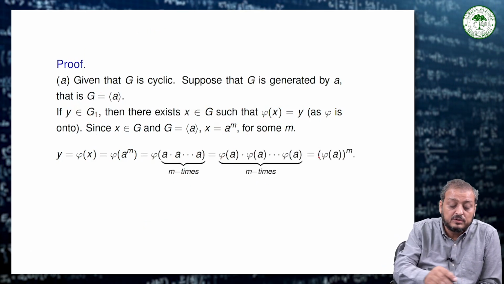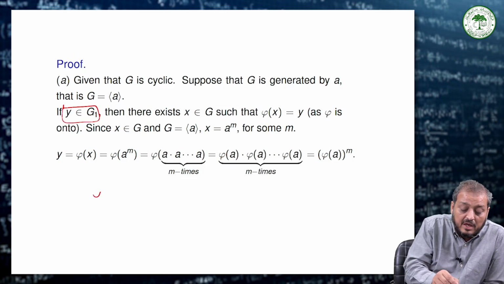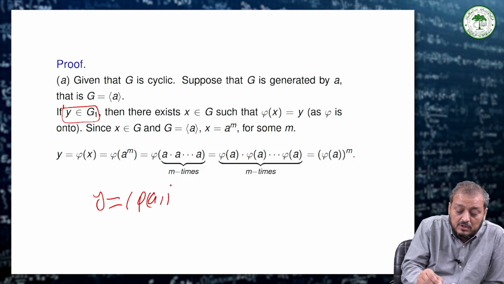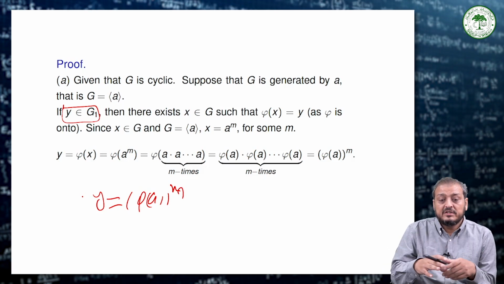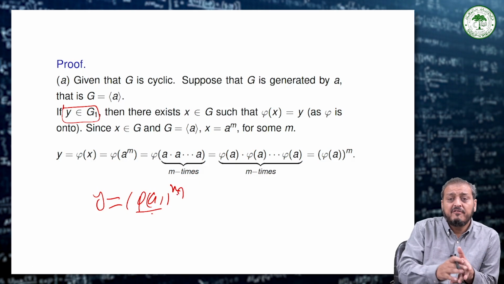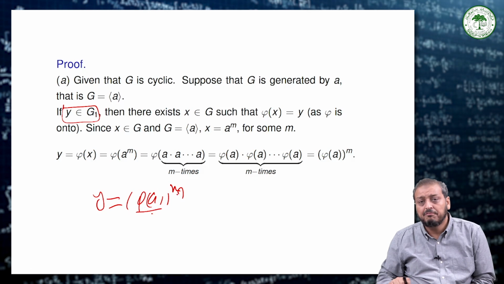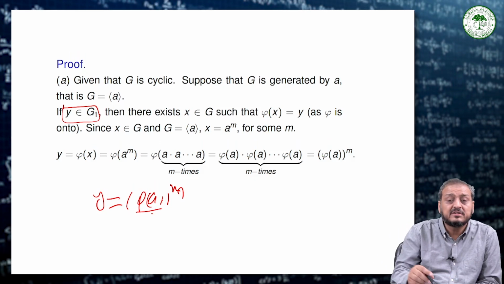So, y is an element of G1, and y can be written as phi of a to the power m. That means phi of a is an element of G1, and every element of G1 can be written as a power of phi of a, and if every element can be written as some power, that means G1 is cyclic.